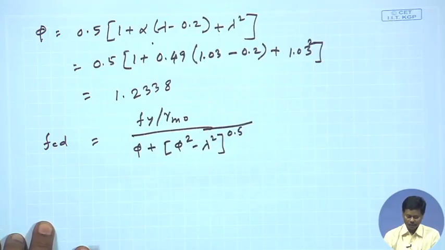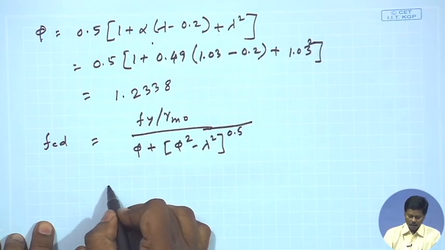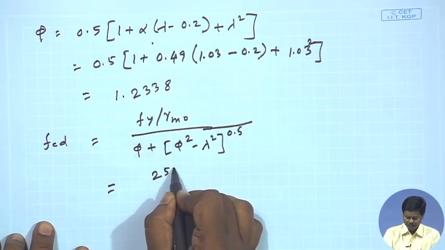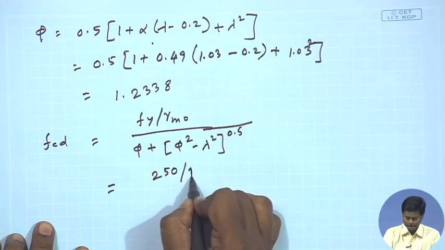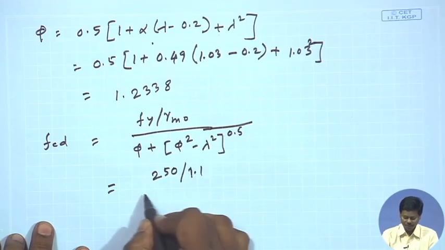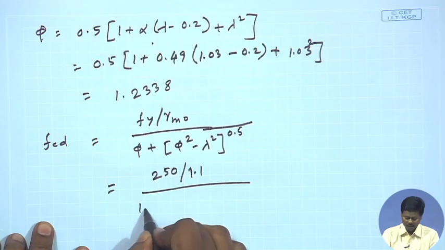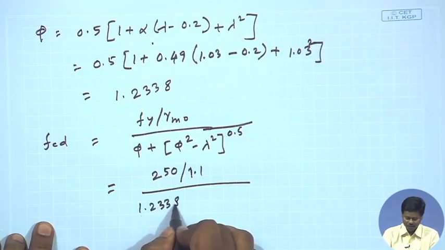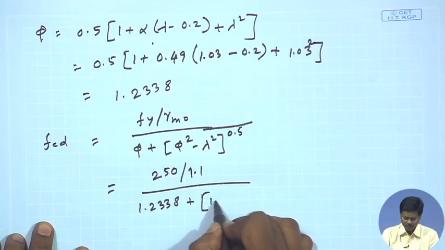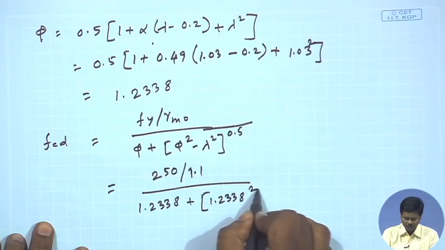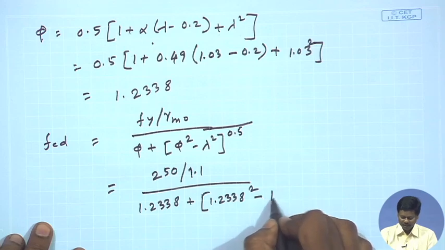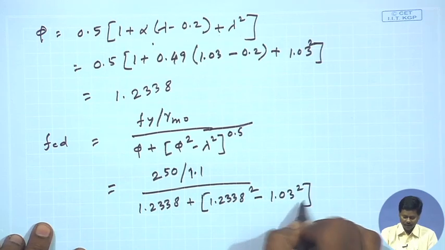So, if I put the value of different parameters as Fy as 250, gamma m0 as 1.1, phi as 1.2338 which has been calculated in the earlier step, then 1.2338 square minus lambda has been calculated as 1.03 square, whole to the power 0.5.